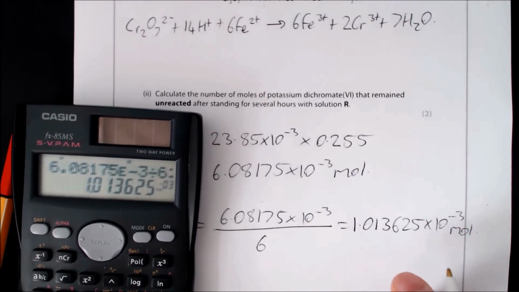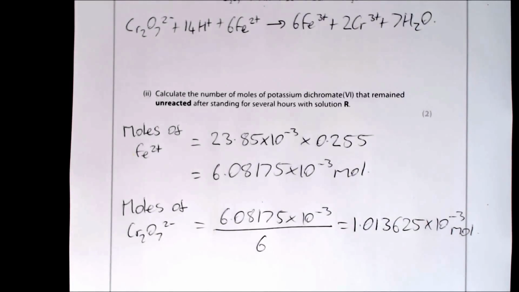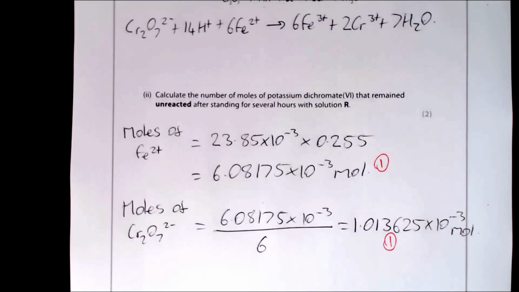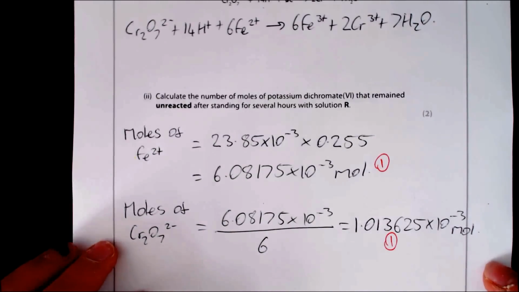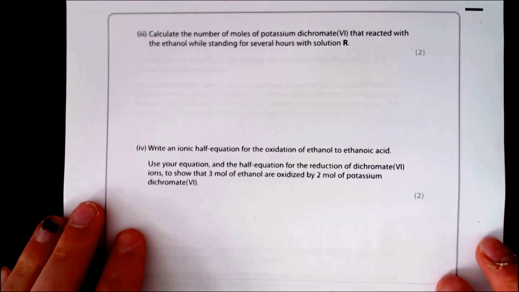There we go, so there's our first 2 marks, so not too bad. One there and one there. Right, so we know the number of moles of dichromate that's unreacted in our conical flask. Okay, part 3.